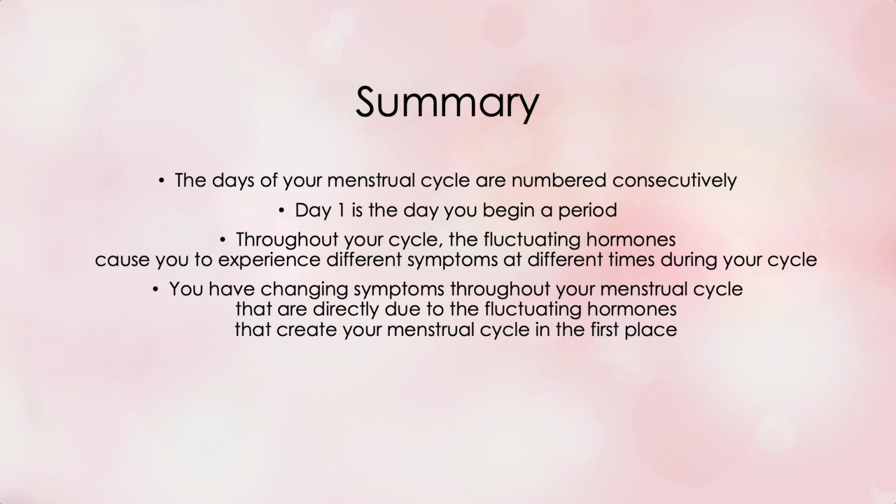You have changing symptoms throughout your menstrual cycle that are directly due to the fluctuating hormones that create your menstrual cycle in the first place. And in the next few videos, you'll learn that the merry-go-round isn't always so merry. Sometimes it's wary, or scary, or hairy, or contrary.